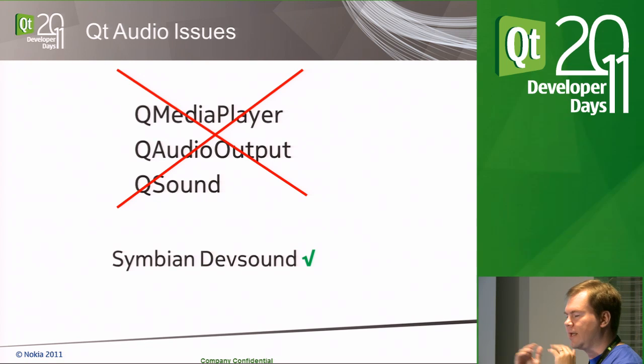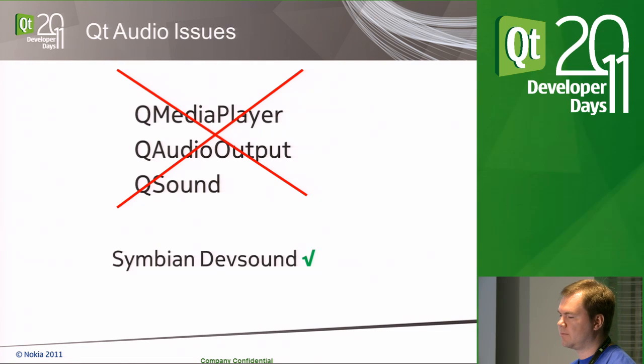Then if you play back a second audio with the Qt media player, a raw audio at 100% volume level, the MP3 will play back kind of silently, but when the raw audio plays back at 100, suddenly the MP3 playback also goes to 100% volume. So there are these kinds of issues with the Qt media player.